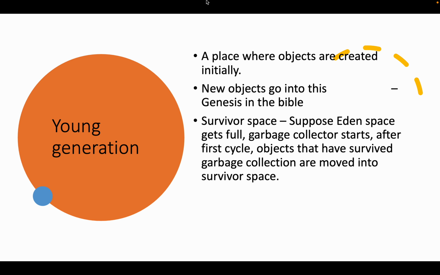So supposing that garbage collection takes place, and some of the objects in the eden space survive garbage collection, those objects will be moved into what we call the survivor space from the eden space, because they have survived garbage collection. And if they continue surviving garbage collections, they will end up being moved into the old generation.